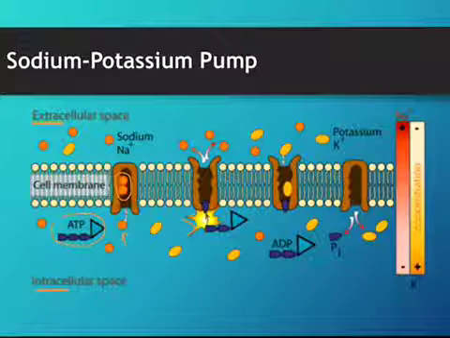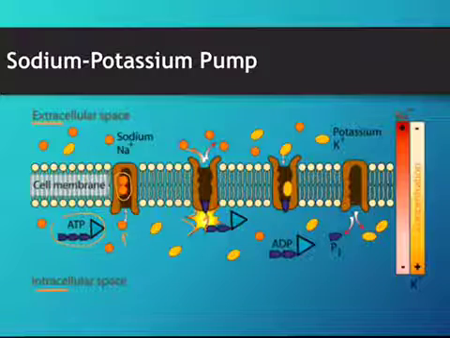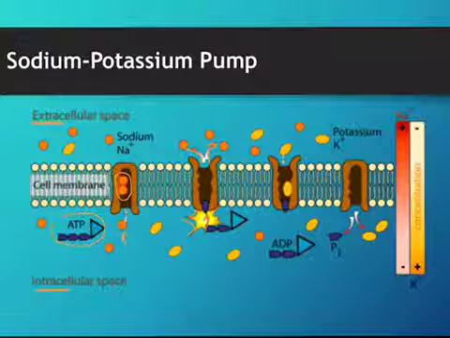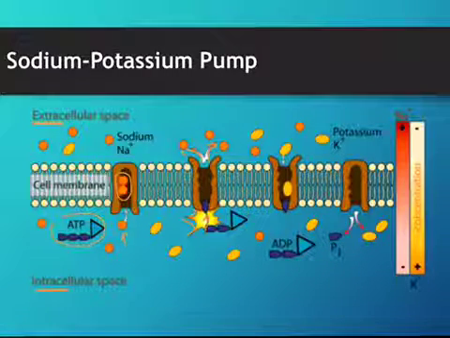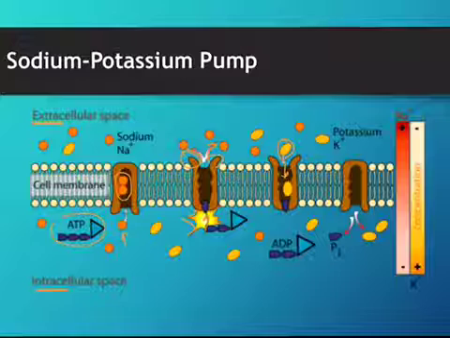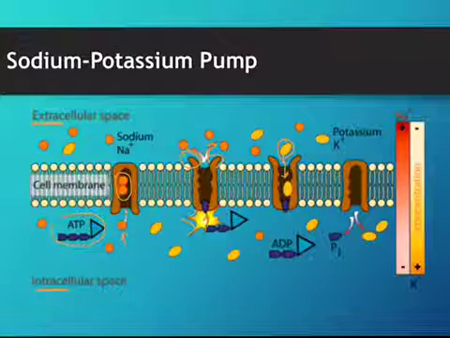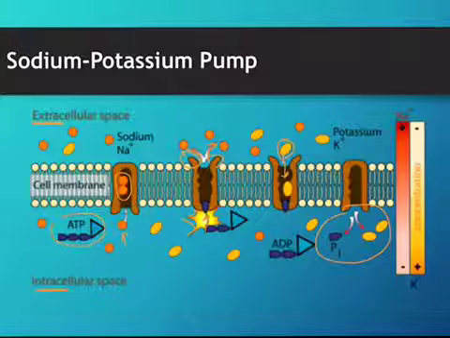This little yellow starburst is indicating that we're giving it energy, and it pops out those 2 sodium ions. And so now that this pump is open to the outside, 2 yellow potassium ions sneak into that pump and are released back into the cell.